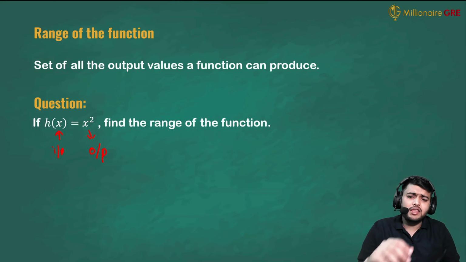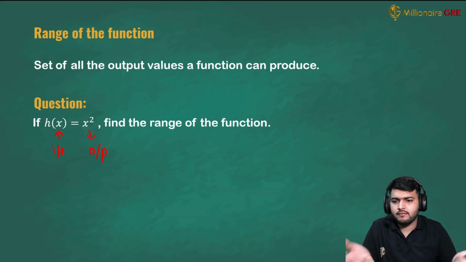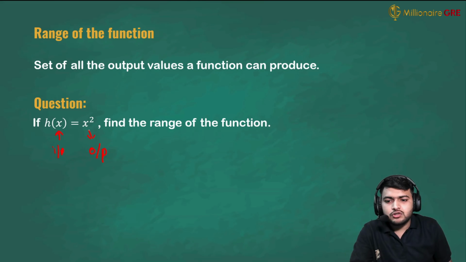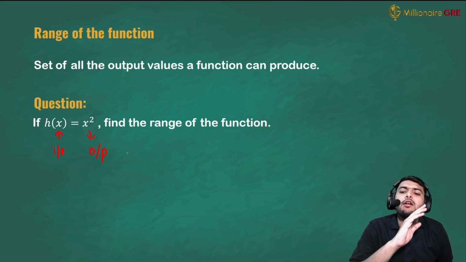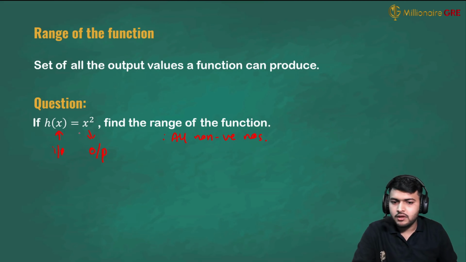Now square of anything is always non-negative. It cannot be negative, right? So here the output can be any non-negative number. So range is the set of all non-negative numbers. The output can be greater than or equal to 0.